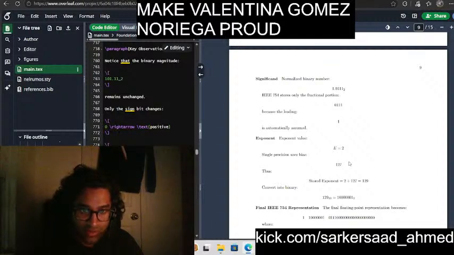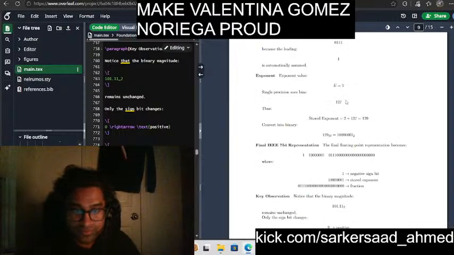Convert this into binary. 129 would be that. So you're going to have 1, this is for the negative value. So 1, and then the binary for the exponent value. What is that? Oh, 0, 1, 1, 1, and then all of them 0.